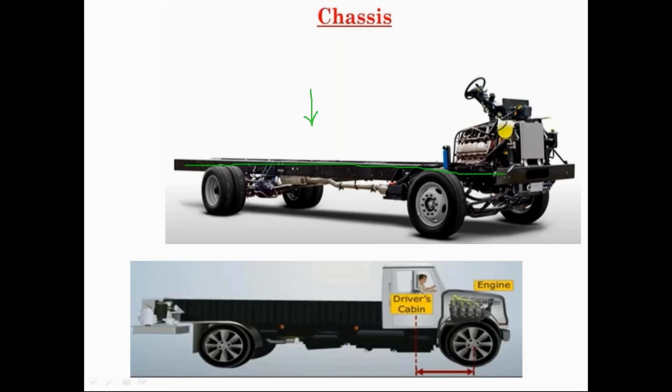So this is a straight line ladder, and we may have transverse frames as well to connect all the components. So different components, what we will say is nothing but the differential is present over here, the transmission system is there from the power unit, and propeller shafts will be connected, and then it will be connected to the live and dead axle, and through that it will be connected to the wheels.